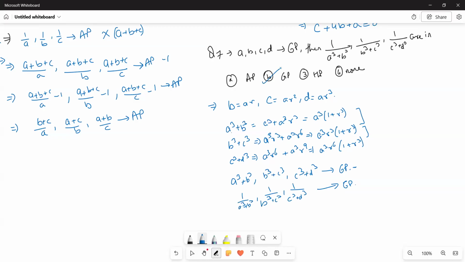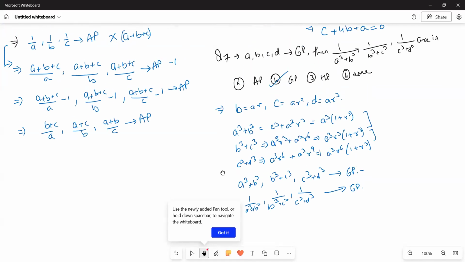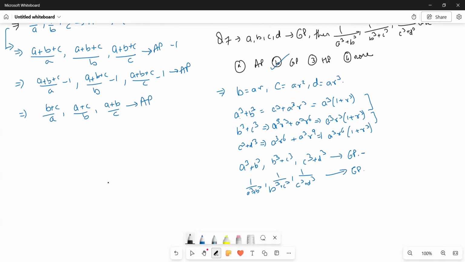So here, take the power as -1. So the reciprocal of a GP is also a GP. Is anyone clear with this? Yes, sir.